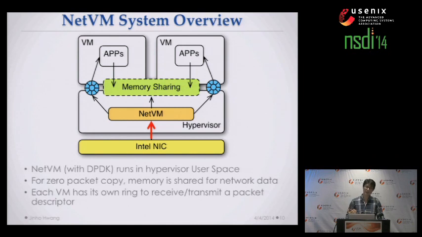Once the packet comes into the NIC, it goes to the NetVM first, and the NetVM delivers that packet into shared memory, then notifies the VM through the ring buffer that there is a packet. It gives information about the location and the length of the packet and things like that. Then the application inside the virtual machine polls the ring buffer, and it knows where the packet is, and it accesses the shared memory to process the packet.